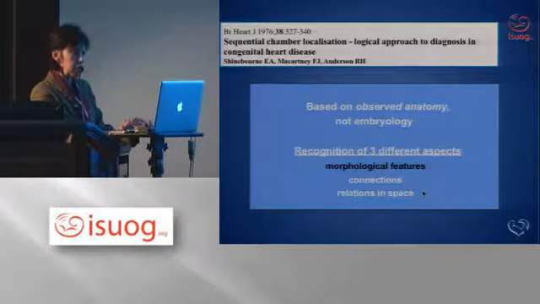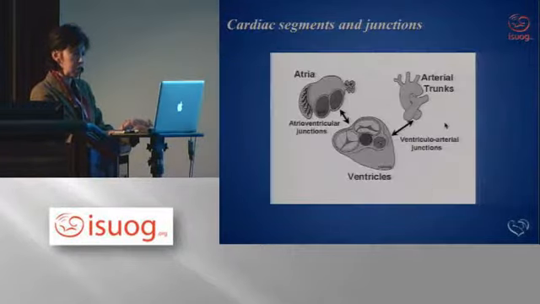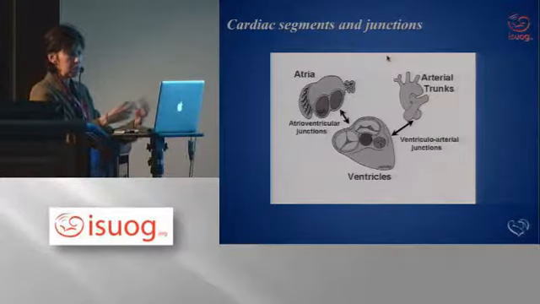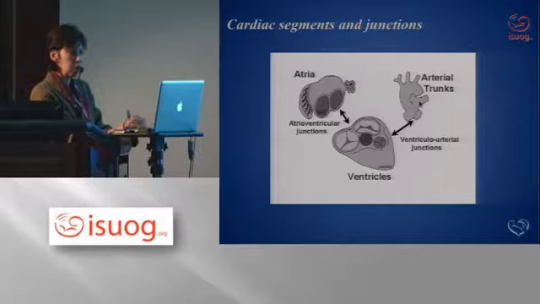And then we move on to connections and relations in space. So the various cardiac segments: you dismantle the heart into the atrial chambers, the ventricular chambers, and the arterial trunks, the aorta and pulmonary artery. You also look at the connections, how those come together at the atrioventricular junction and the ventriculoarterial junction.